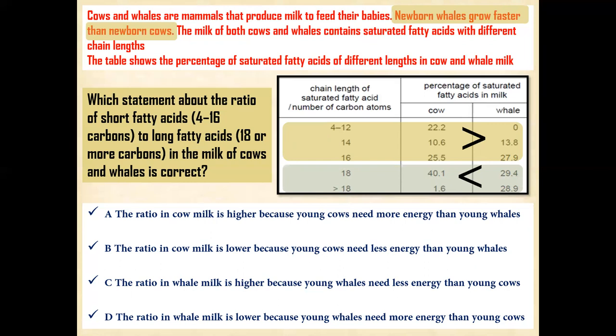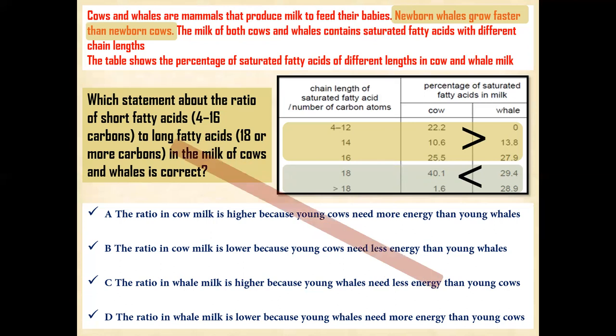Short chain fatty acids contain less energy as compared to long chain fatty acids. So the newborn whale should contain a lower ratio of short chain fatty acids, because they release a low amount of energy as compared to long chain fatty acids. On the basis of this concept, we are going to check the different statements in the question.